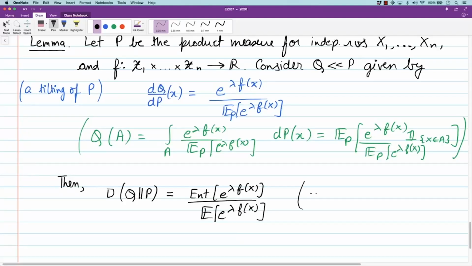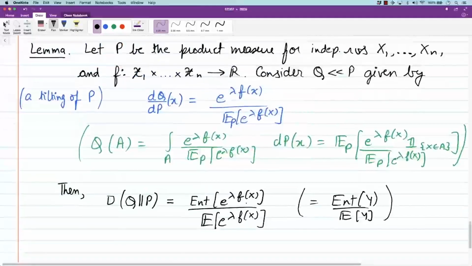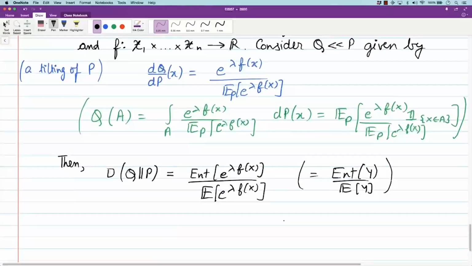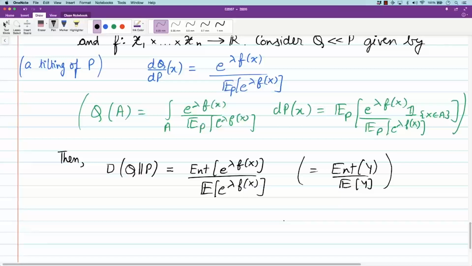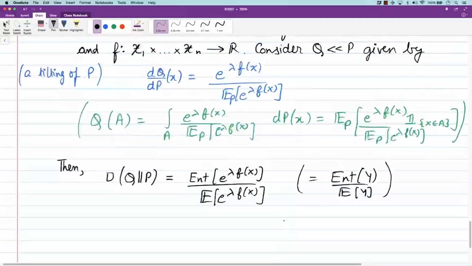So namely what we had earlier, the entropy of Y by the expected value of Y. Okay, so this was the quantity that we were bounding in Herbst's argument. We were saying that this is less than or equal to lambda squared times some constant over 2, and that constant turns out to be the sub-Gaussianity parameter.